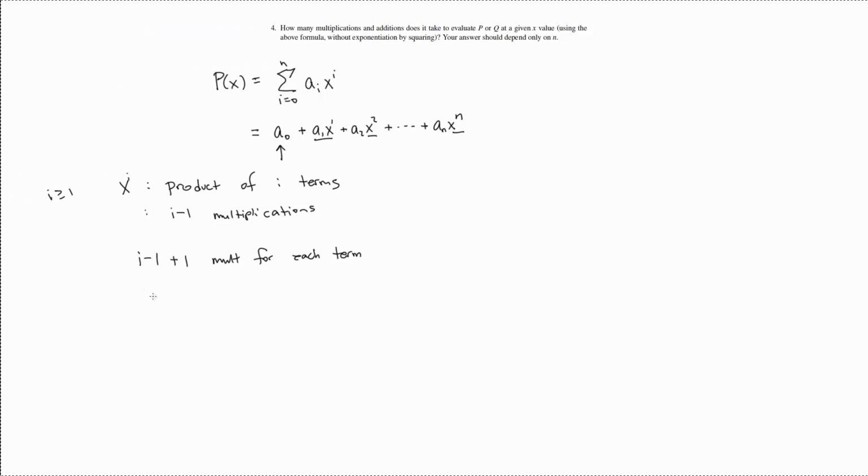So the total number of multiplications is going to be the sum from I equals 1 to n of I minus 1 plus 1, which is just n times n plus 1 over 2.